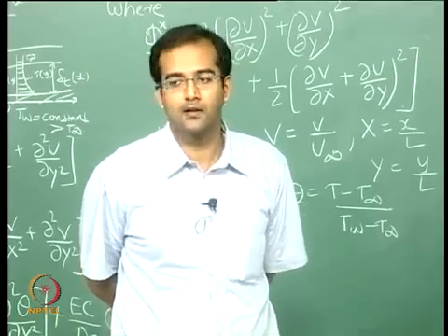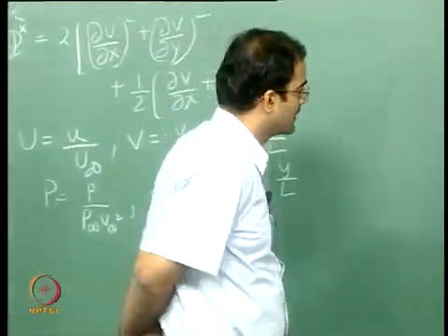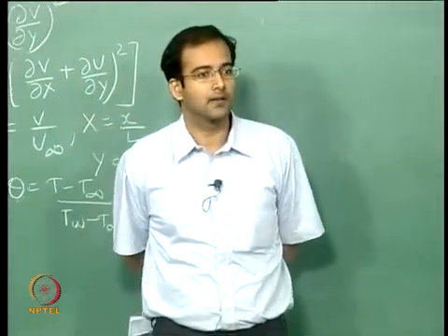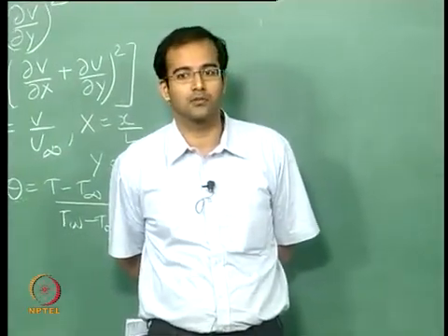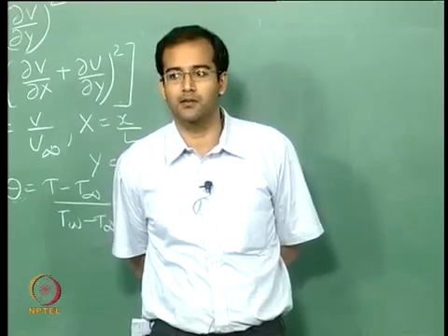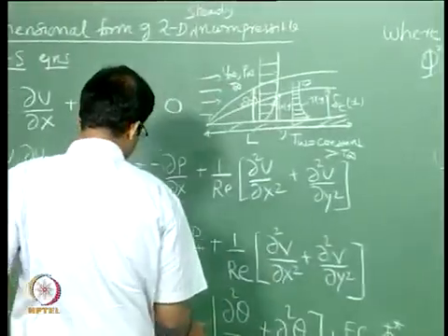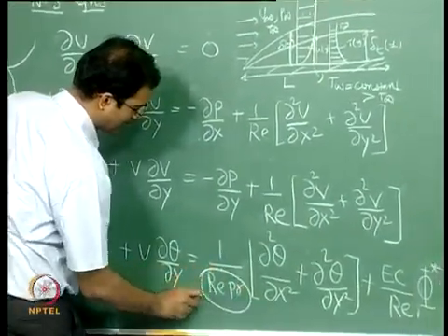The Stanton number, again it is an extension of the way that you are defining the Nusselt number. It is simply the ratio of the Nusselt number to the Peclet number. Sometimes the Reynolds number times the Prandtl number is also referred to as the Peclet number.